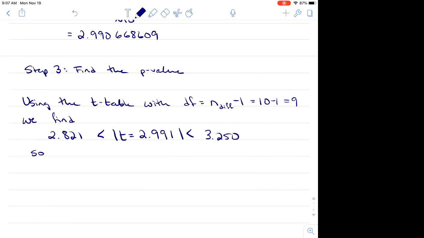So we need a 2-sided p-value, right? Because we have a 2-sided test. So I'll start with saying, okay, now my 2-sided p must be between, and I just scroll down to the very bottom this time, 0.01 and 0.02.